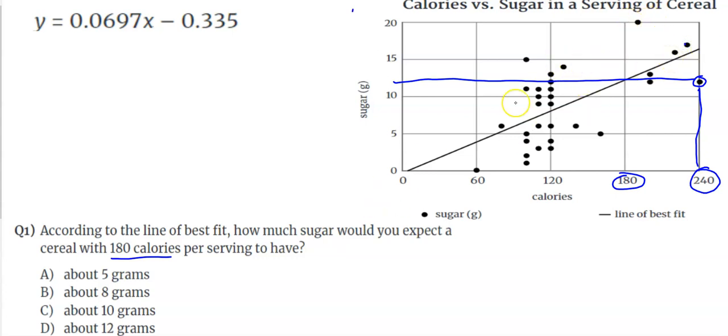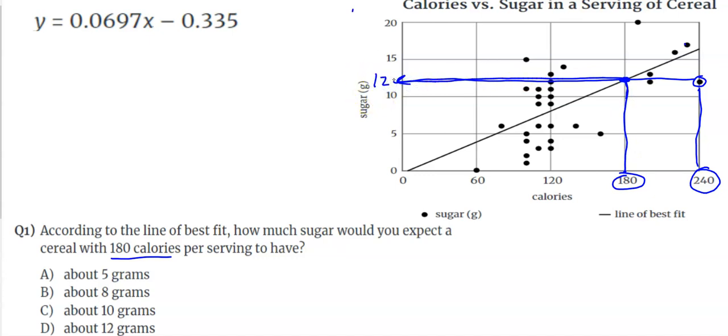And so each one of these points is an actual cereal. The line of best fit doesn't necessarily have any of those points on it, but it's kind of like an average. It's a predicting line that we use to make predictions. So 180 has no actual point, so we're going to use the prediction line here. If you go up to the line and go over, you can see around 12-ish.